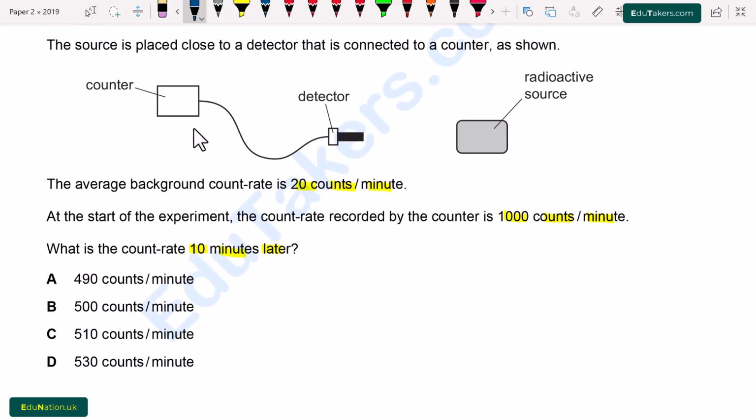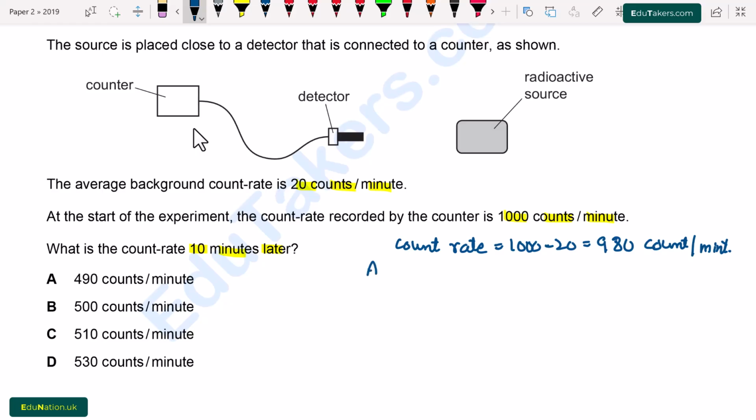So initially the count rate is 1000 counts per minute, and there is also the background count rate. So the count rate will be equal to 1000 minus 20, which is equal to 980 counts per minute. When one half-life passes, the count rate becomes half.